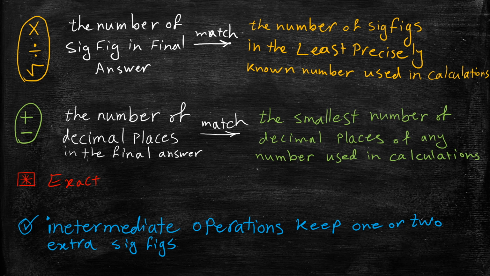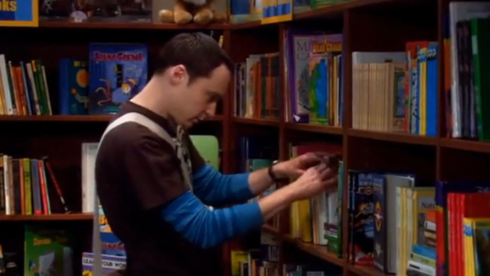Let's see another example. Suppose you want to measure the area of your room, and you have a rectangular room, and you start measuring with a tape that is precise to 0.001 meter.